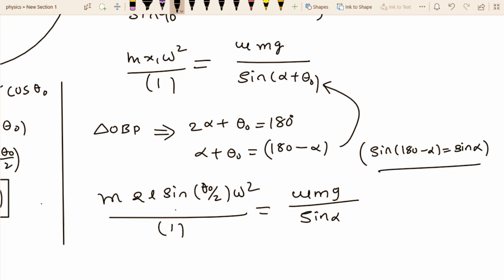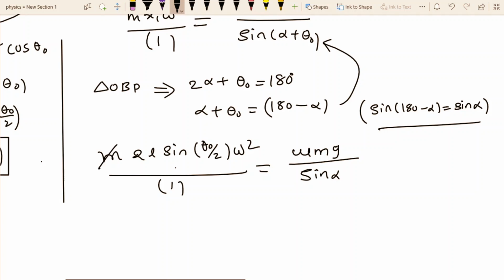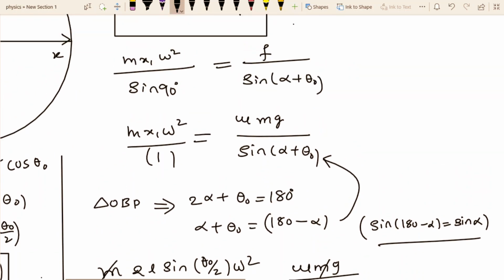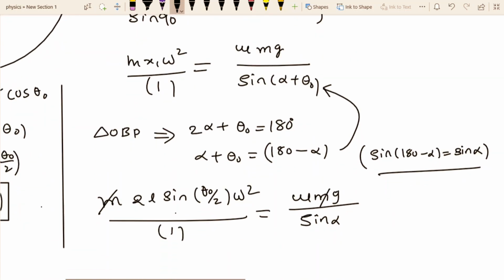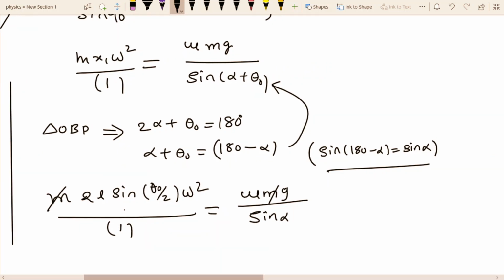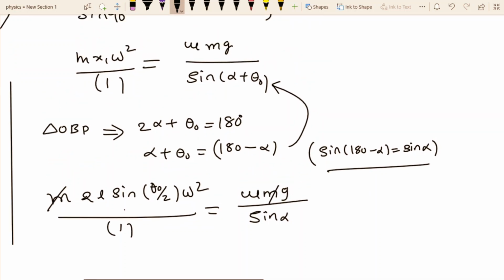So directly I am writing that, and here you can clearly see this gets cancelled. Instead of this theta naught divided by 2, what can we write? We have to modify this alpha also, because we want to convert all the terms into theta naught. That is the problem.